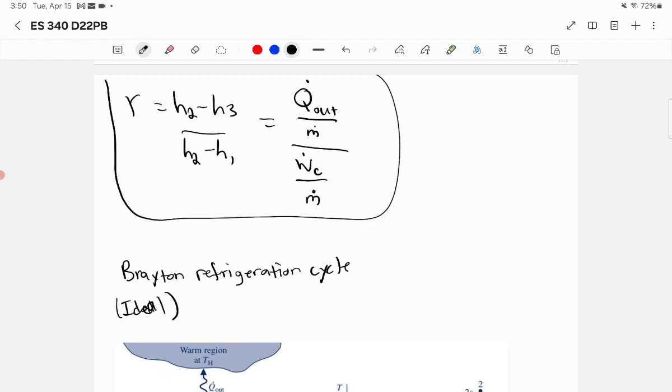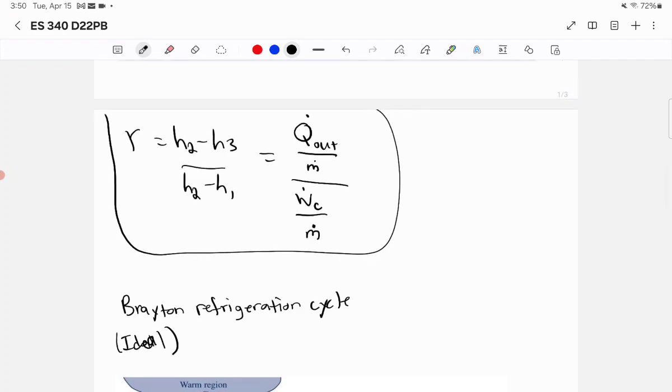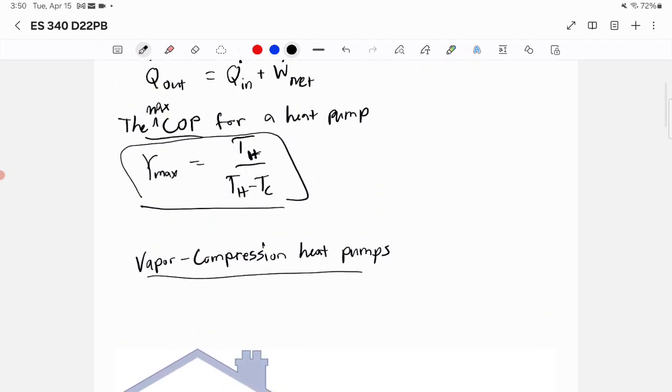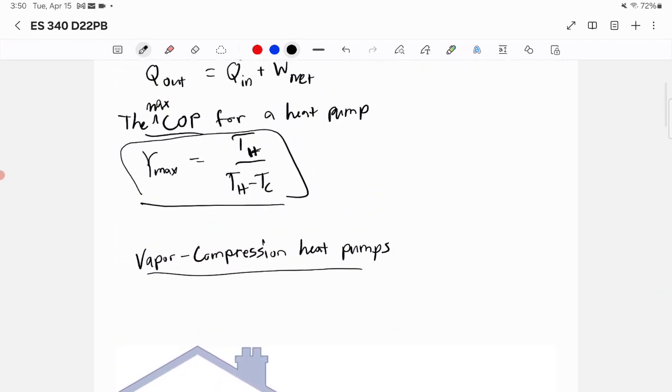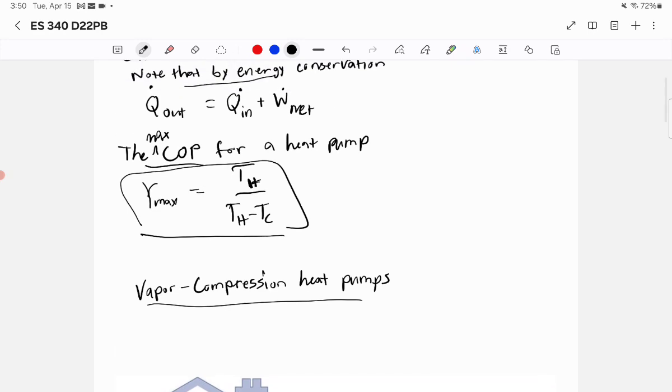The main problem that you have is, remember that the maximum efficiency is going to be related to the temperature of the hot reservoir. And depending on what ends up being the hot reservoir, say if you're doing a cooling application, it might be the environment. That means your efficiency obviously is going to vary based on the outdoor temperature. So that's something to keep in mind.